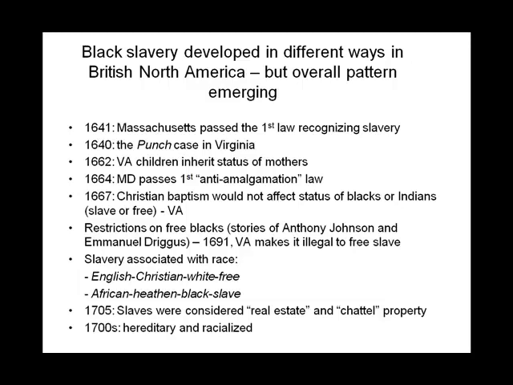But slavery will exist in all of the colonies. You've got some differences, though. If you look, for example, at the New England colonies, like Massachusetts, which actually passed the first law recognizing slavery, slavery is going to be very different from the way in which it's going to be practiced in the Chesapeake colonies, like Virginia.